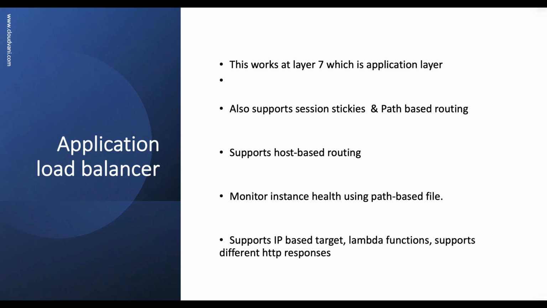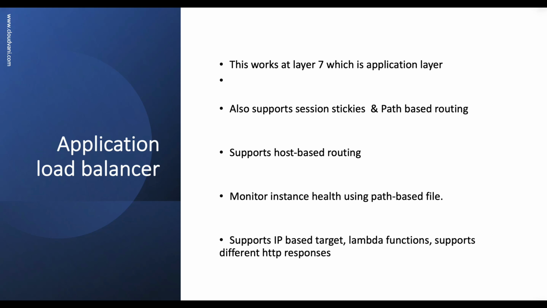Or at the same time, if you are going to access google.com/videos, /videos is going to be sent to a different target because you configured the videos on a different EC2 instance. So it is going to separate the traffic between the targets based on the path. So you can specify which EC2 instance to go to. You don't need to mention which instance to go to or which instance to access the videos or whatever it is.